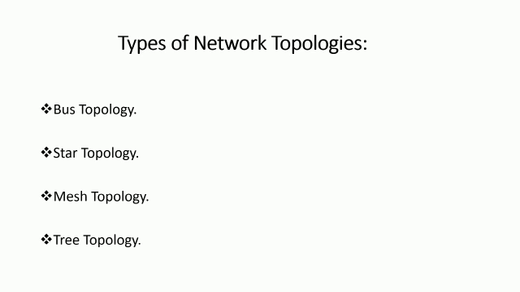So the various types of topologies are the bus topology, star topology, mesh topology, and tree topology. We'll be discussing first of all the bus topology, its advantages, disadvantages. Likewise, we'll be discussing advantages and disadvantages of all the topologies mentioned over here, starting with bus topology.